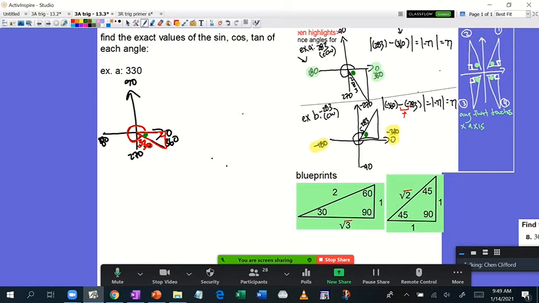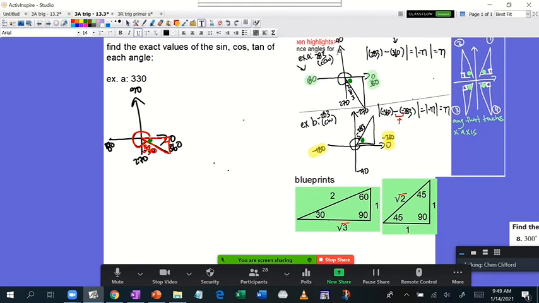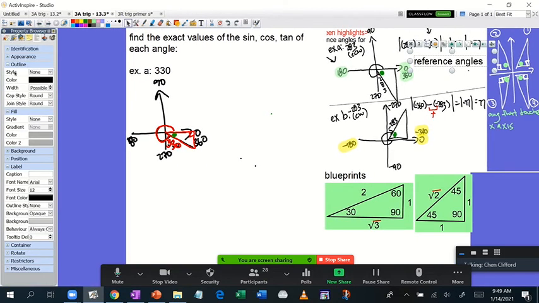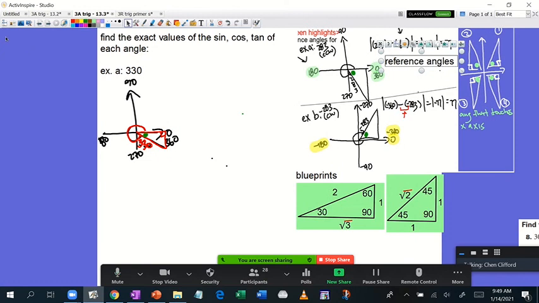We're going to use the reference angles. Let me type in right here, reference angles. Now, remember, our template that we always use is going to be absolute value, 2 parentheses like that.